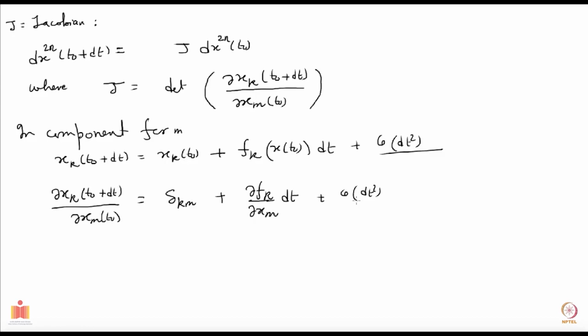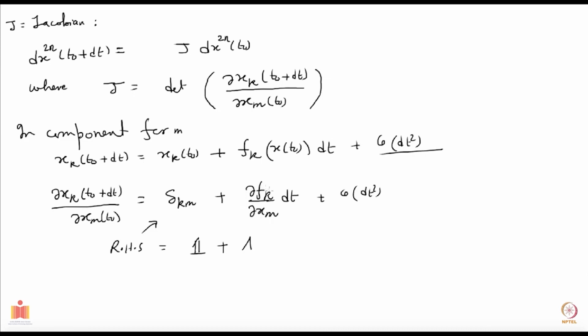Now if I want to write the same thing using matrix notation, then the right hand side, you can write as identity matrix plus, I think I want to put dt here. Yeah, that's correct.